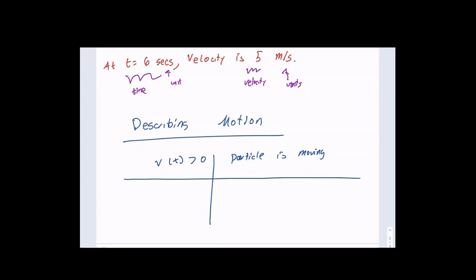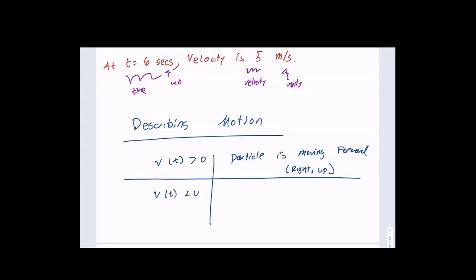Yeah, the particle is moving. We like to say the word forward. But of course, if the context of the problem applies, you could say to the right. You could say up. The particle is moving up. If the context of the problem says that it's moving up and down, then a positive velocity means it's moving up. Typically, our forward direction for up and down is up, and our forward direction for left and right is to the right.